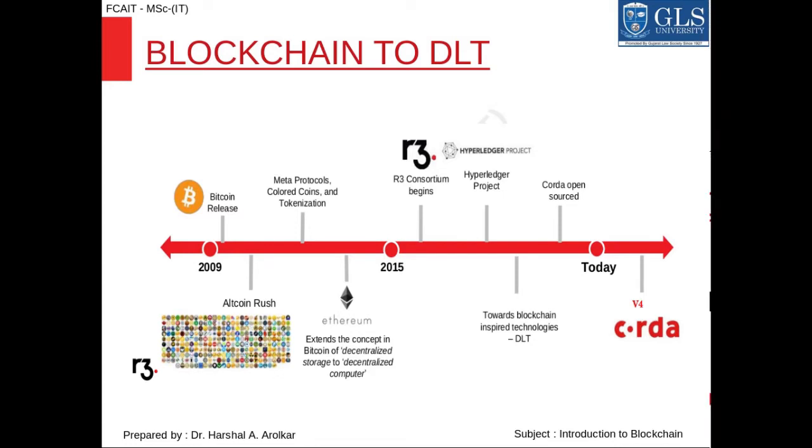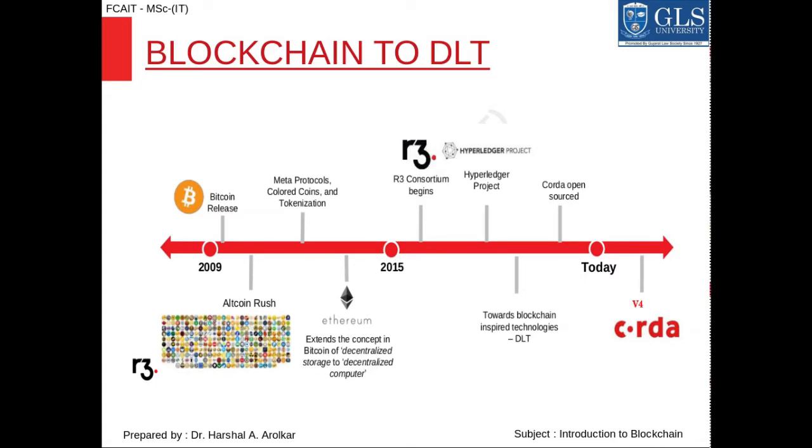In 2016, or rather say 2015 end, R3, a company which was into blockchain technology, formed a consortium with around 300 companies. And in early 2016, rather, April 2016, Corda was formed and was converted into an open source entity in November 2016.